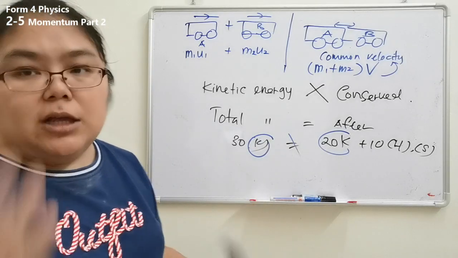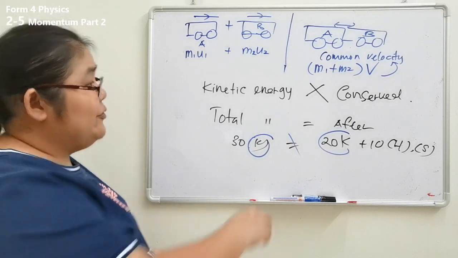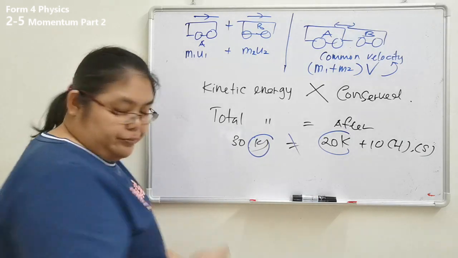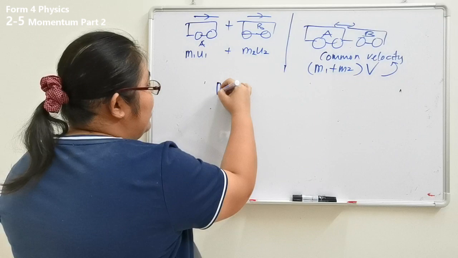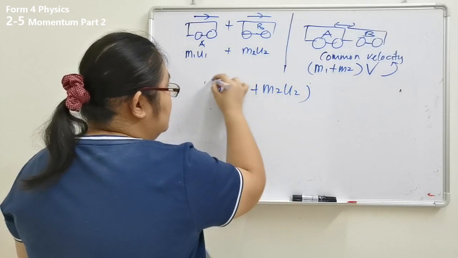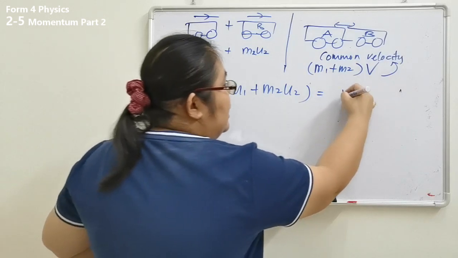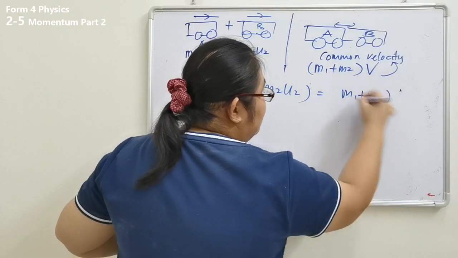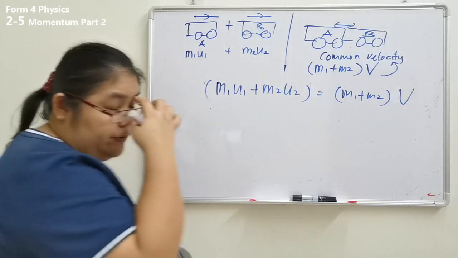The third one you can say about the formula. The formula is different. The inelastic formula, M1 U1 plus M2 U2 equals M1 plus M2, then multiply V. The formula is also different.